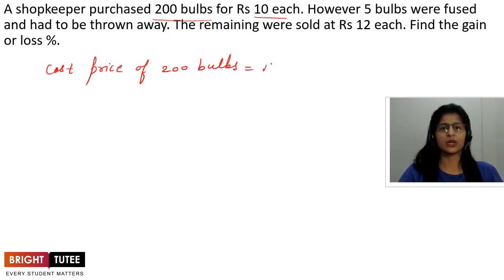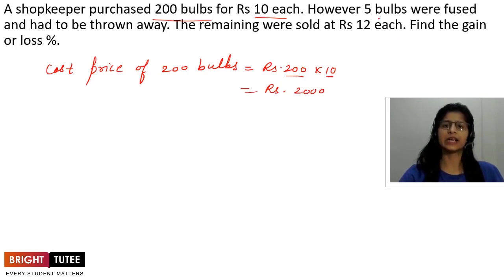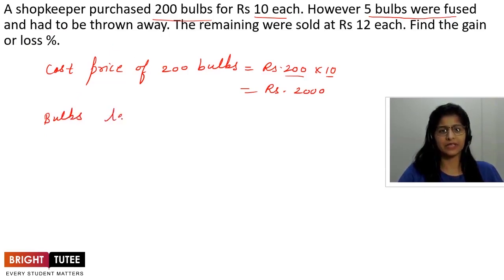Right? What is it? Rupees 10 into the number of bulbs, which is 200. So it is rupees 2000. Clear? Now they are saying, however, 5 bulbs were fused. Right? 5 bulbs got fused and had to be thrown away. So out of 200, number of bulbs left is how many?